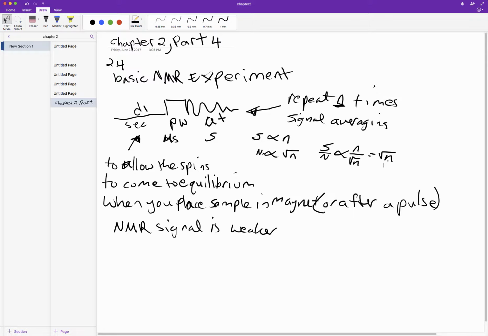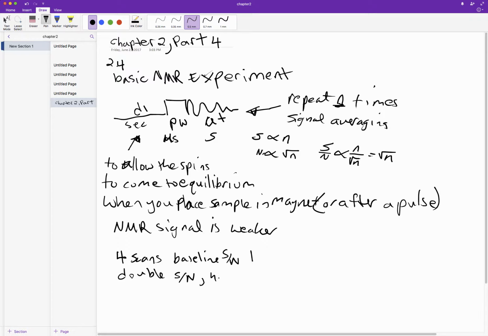So you could think of it like this. Let's say you took 4 scans and you have some baseline signal to noise, and we're just going to call that 1. You can call it 100 or whatever, it doesn't make any difference. And let's say you wanted to double your signal to noise.